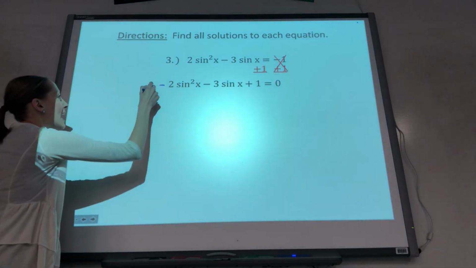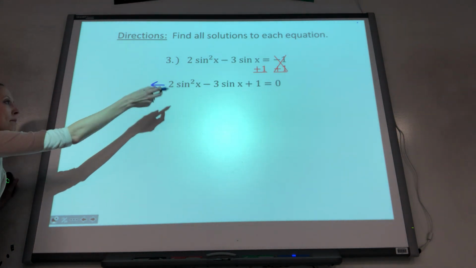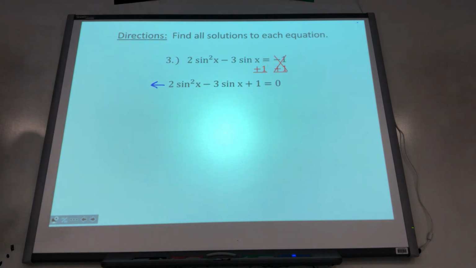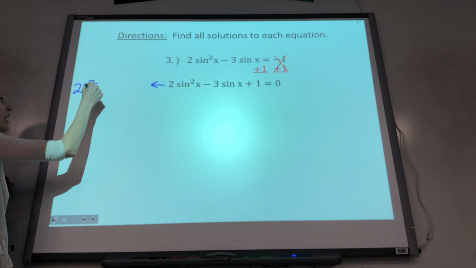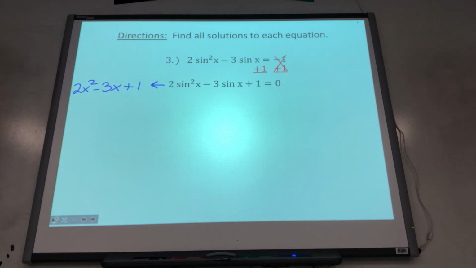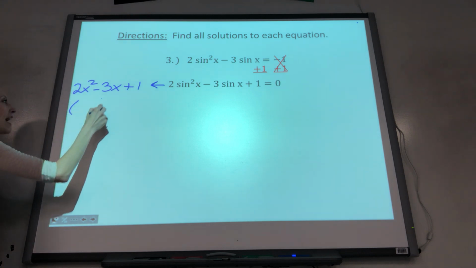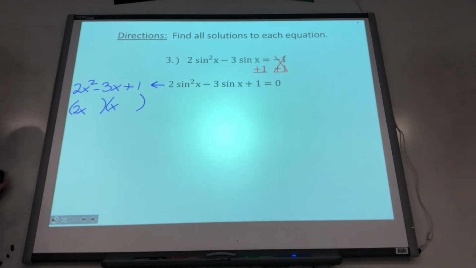Now, we actually had something similar to this on the worksheet yesterday, if I remember correctly. Think about this as a normal trinomial. 2x squared minus 3x plus 1. If that's what I had and I was going to factor it, 2x times x is how I get 2x squared.